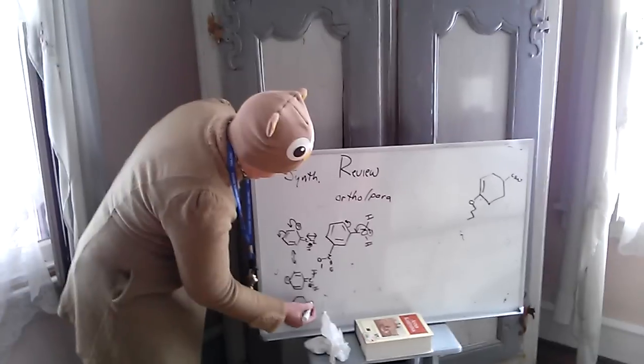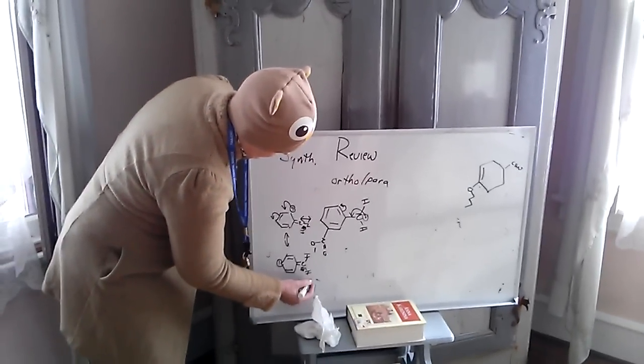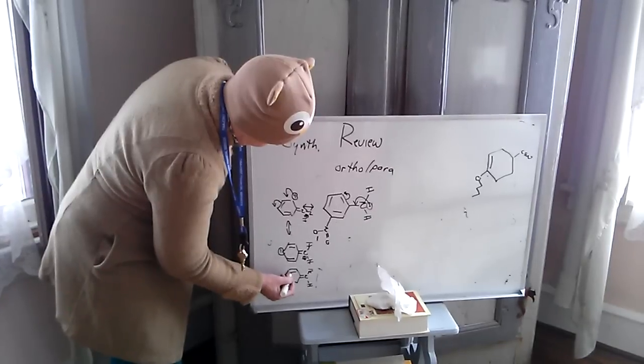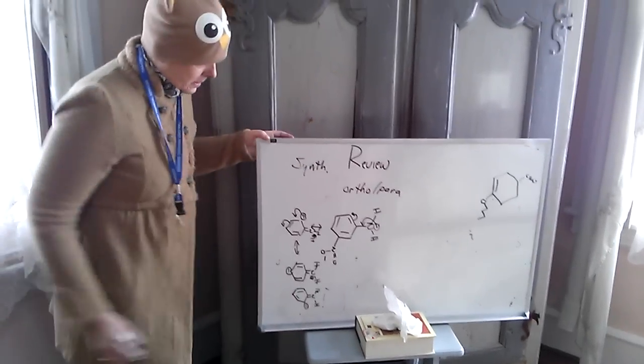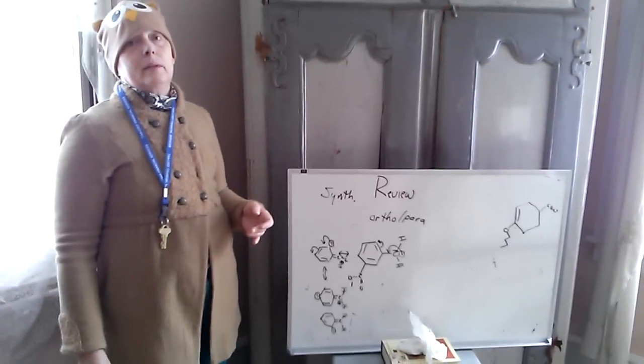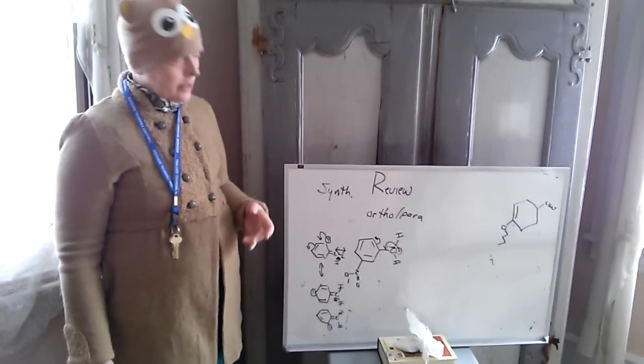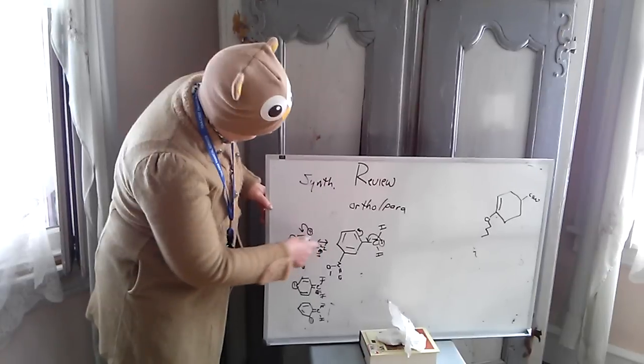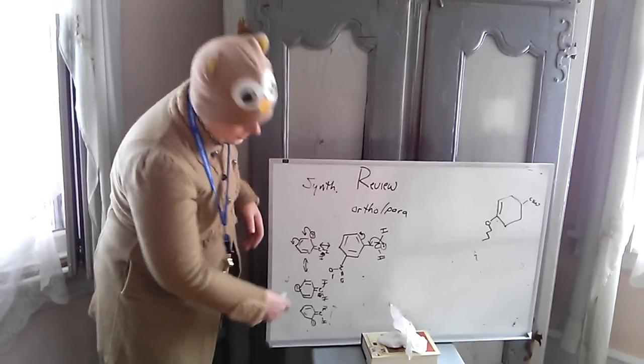Now, this has implications in chemistry, particularly last semester when you were doing aromatic chemistry. But in NMR, what it does is it puts a certain amount of negative charge at the ortho and para positions.